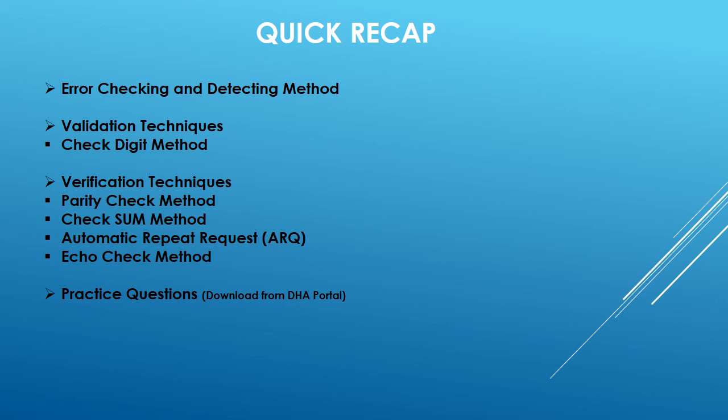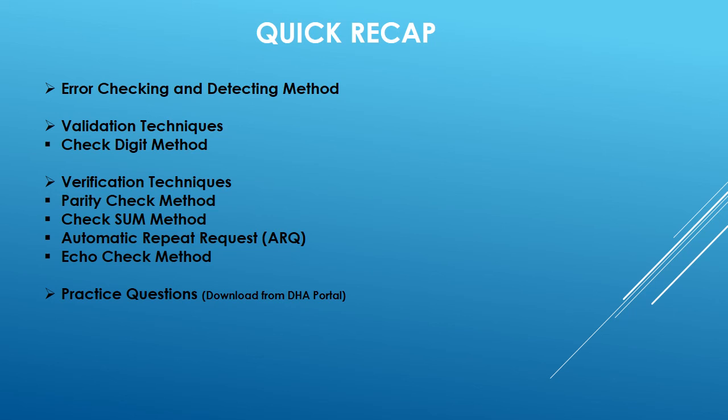After that, we discussed ARQ, which is automatic repeat request. This is an error detection method which uses two things: one is the acknowledgement and the other is the timeout. Basically, the sender keeps on sending the data, and when it is not getting the acknowledgement from the receiving end, it will keep on sending the request.